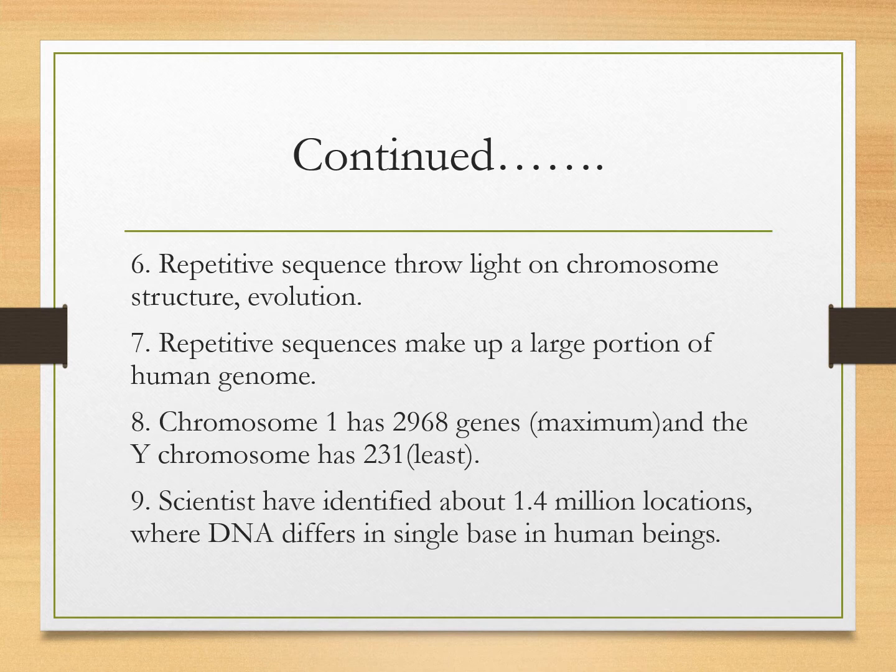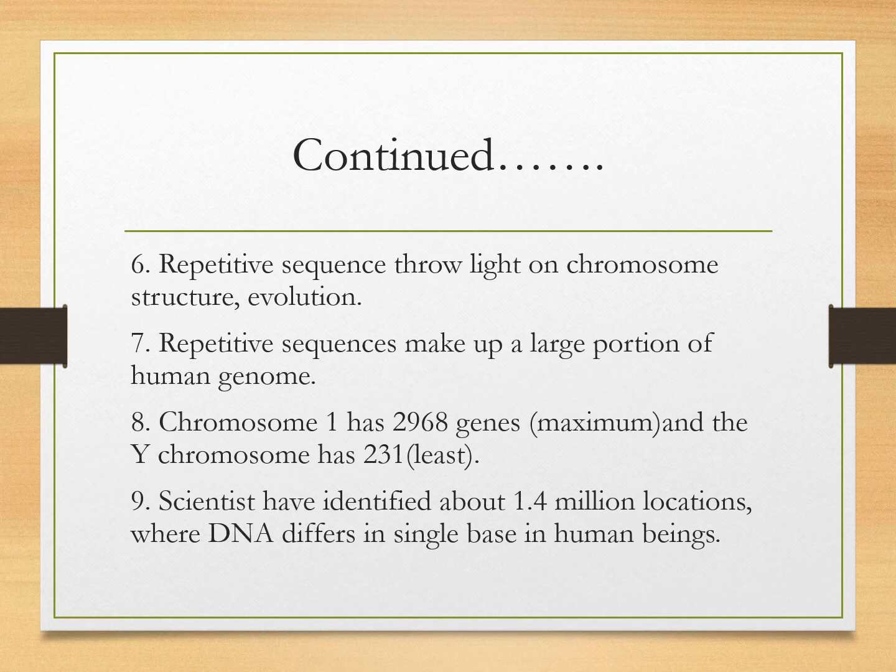So it makes up a large portion of the human genome, and the largest one is chromosome number 1. It has 2968 genes, the maximum number of genes present on a chromosome, and the least number of genes are present on the Y chromosome, that is 231.